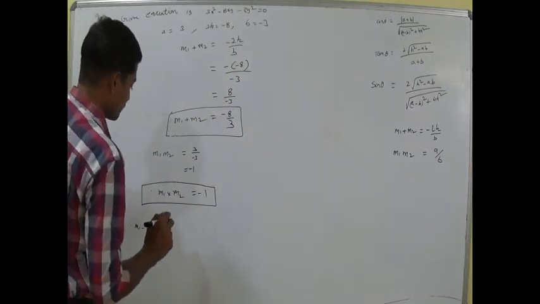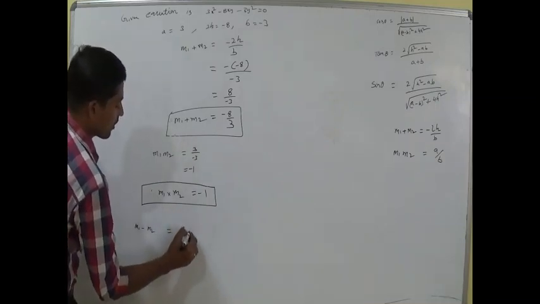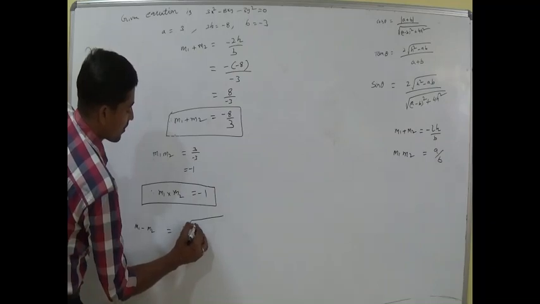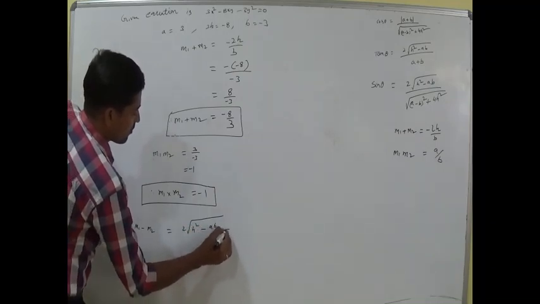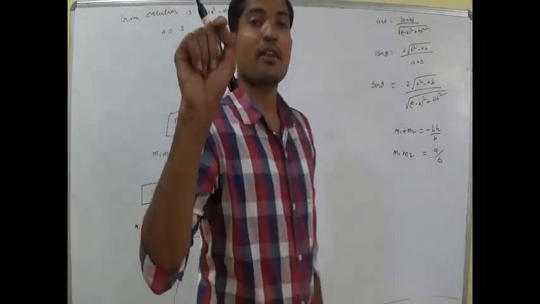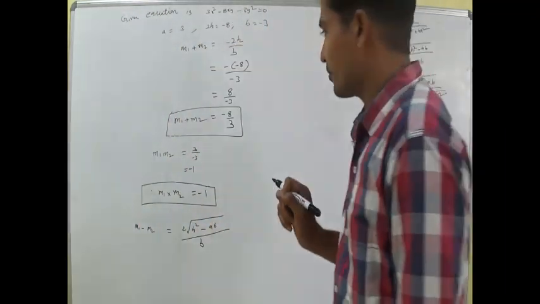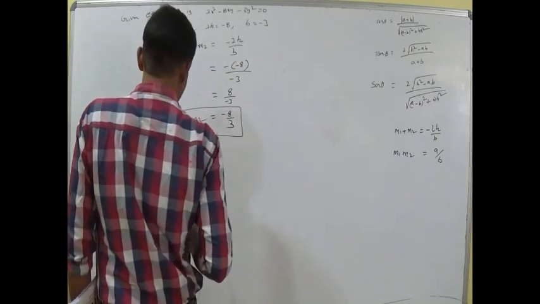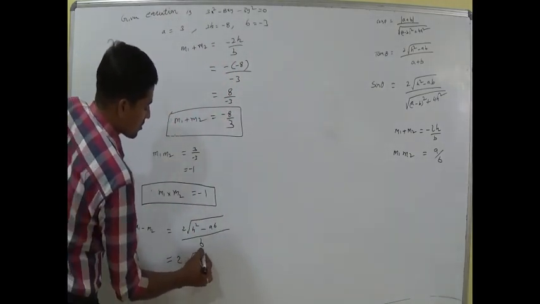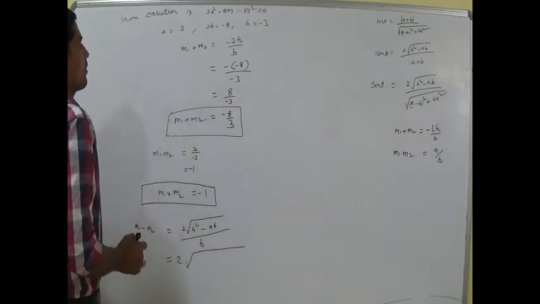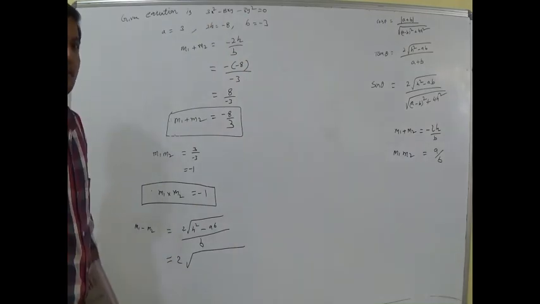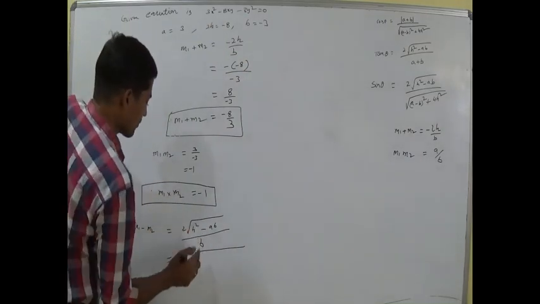We have a formula here: 2 square root of h square minus ab, by b, is the formula for m1 minus m2. What is h here? 2h is equal to minus 8, then h is equal to minus 4.